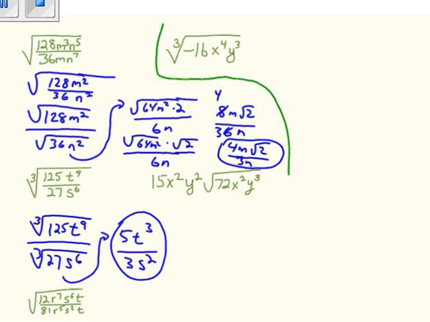Let's go with negative 8, okay? Perfect cube factor in x to the fourth. x to the third. And y cubed. All right.